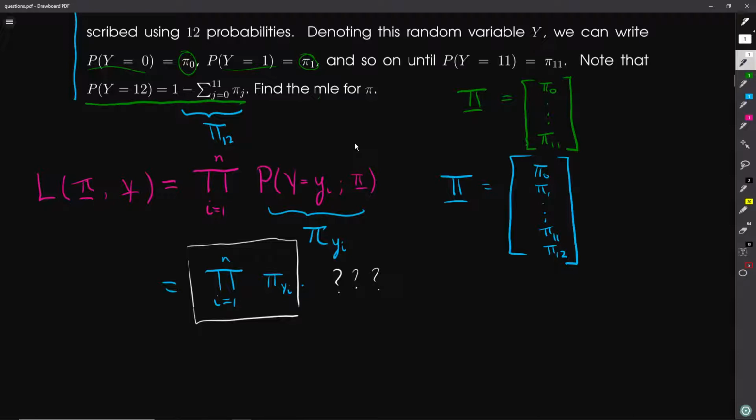So there's actually going to be two ways of addressing this, or at least two obvious ways to me. The first way that we could do is to write out what this pi yi actually is.